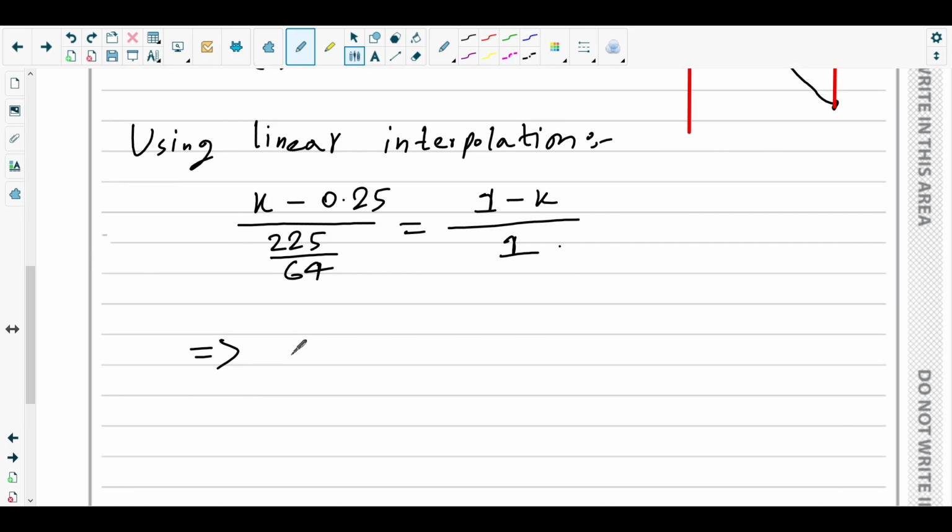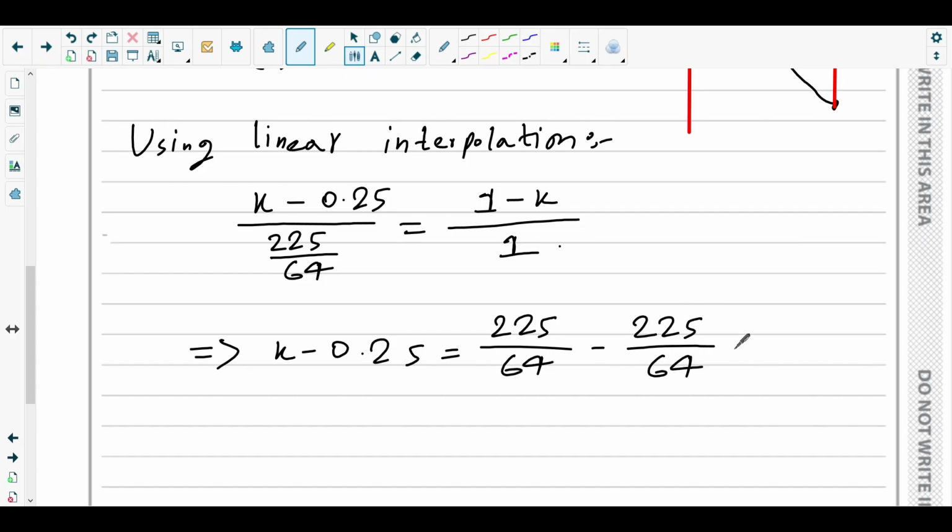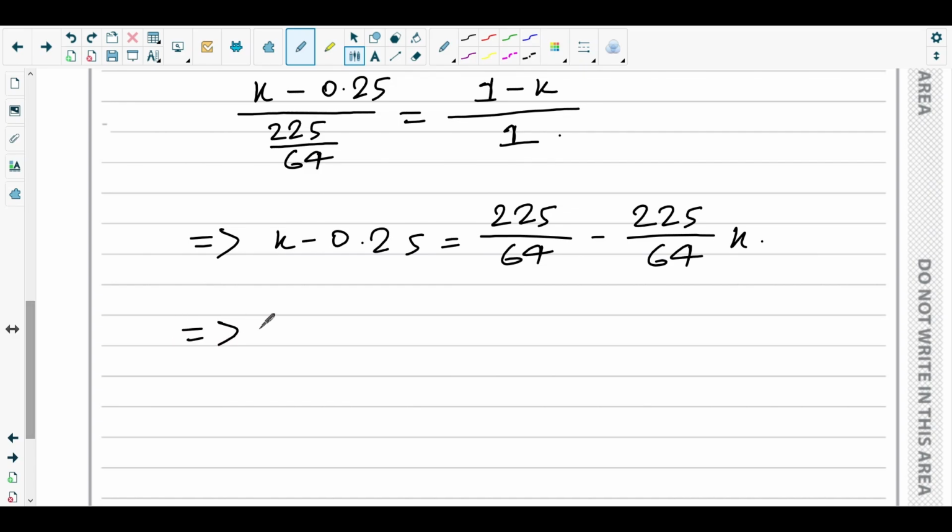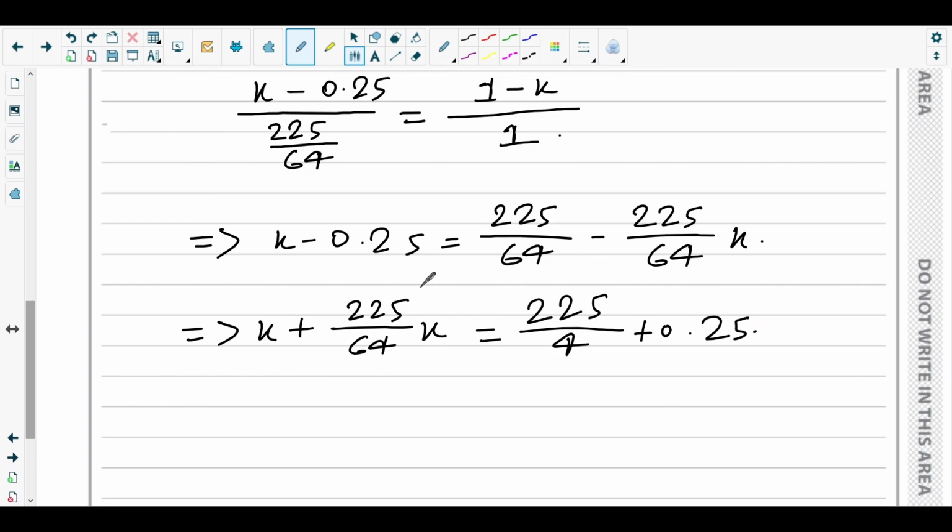Now cross multiply, so x minus 0.25 will be equal to 225 over 64 minus 225 over 64 x. Now take all the terms with x on the left side, so x plus 225 over 64 x equals 225 over 64 plus 0.25.